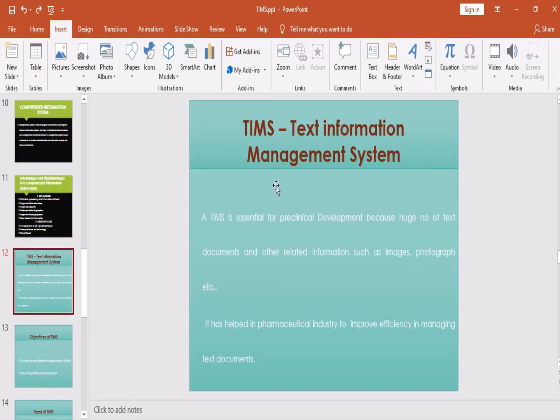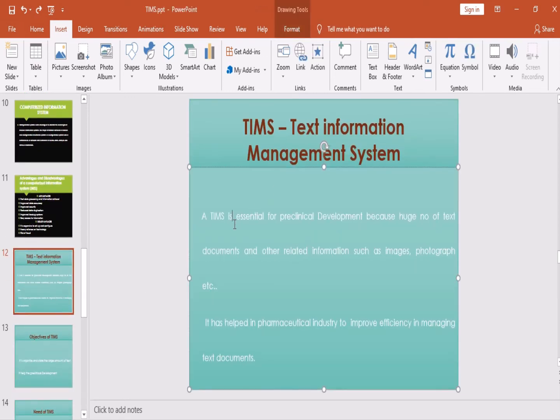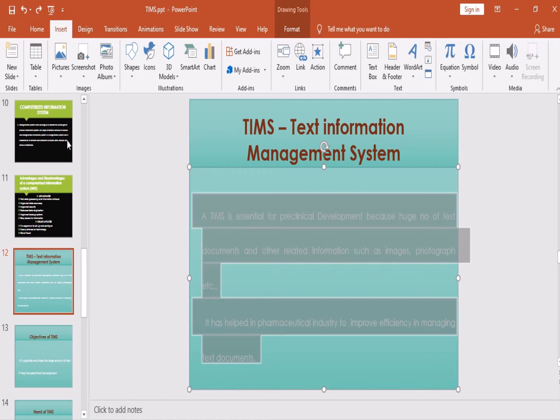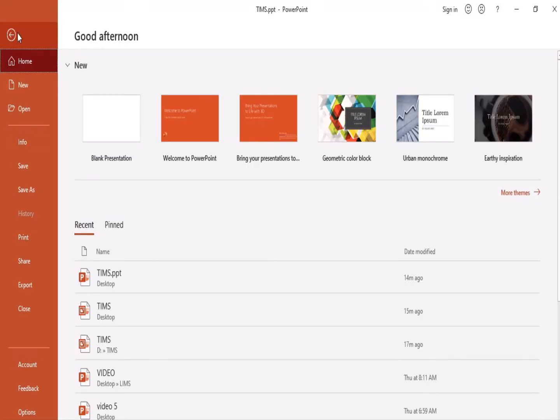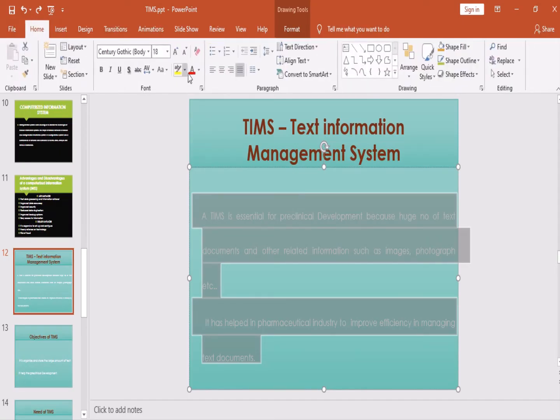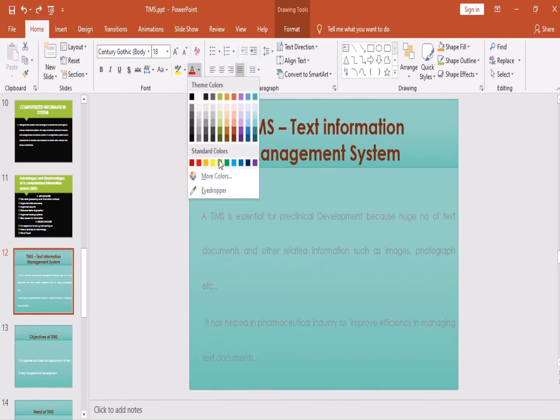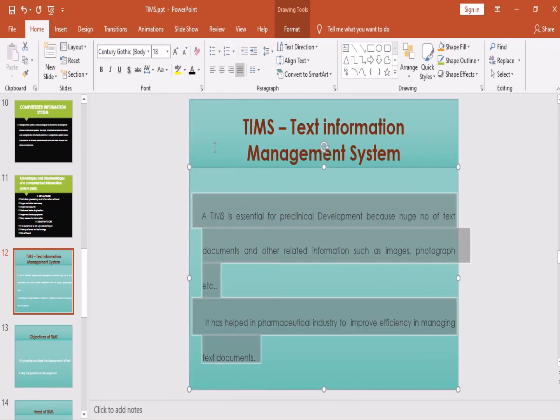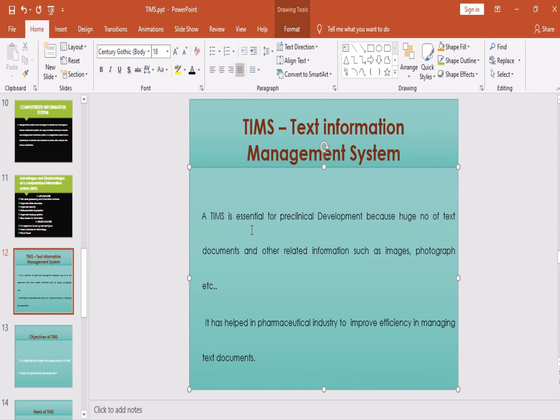Now coming to the text information management system. A TIMS is essential for preclinical development because a huge number of text documents and other related information such as images and photographs will be there, and it has helped pharmaceutical industries improve efficiency in managing text documents.